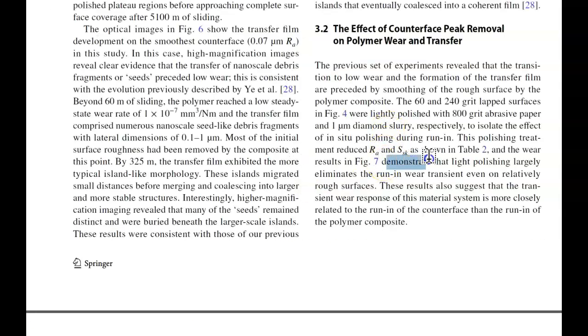So note the use of the verb demonstrate here indicates to me that the authors are very confident about the conclusion that the light polishing eliminates the run-in wear transient, but they are less confident about this finding here because they use the word suggest.